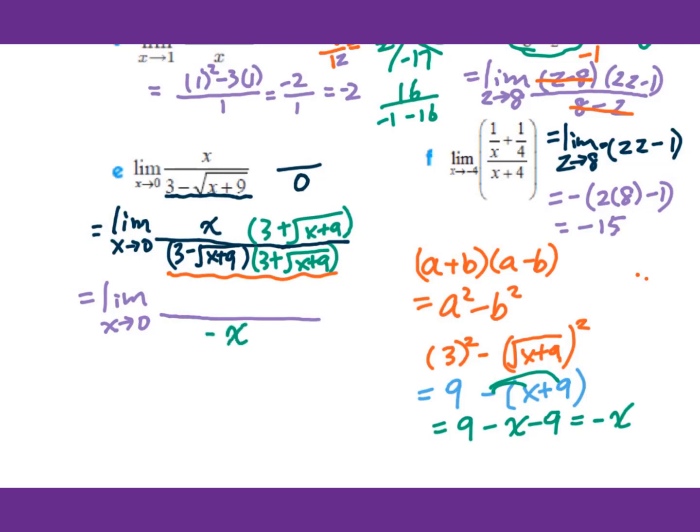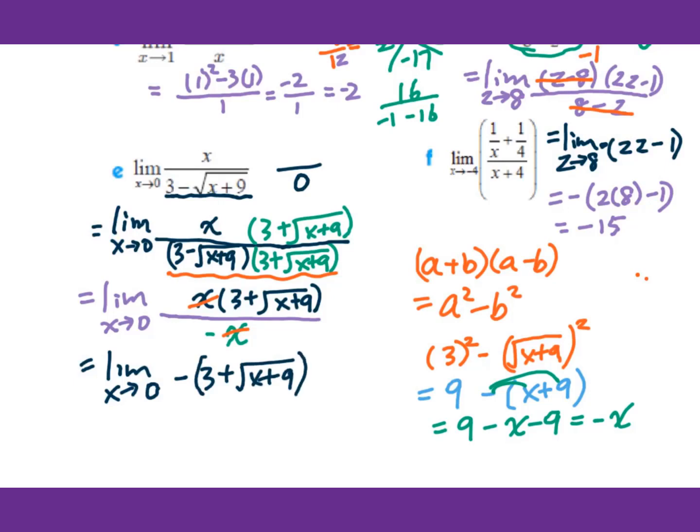So we put the negative x on top, that is x times 3 plus square root of x plus 9. Then reduce. You will get the limit as x approaches 0 of negative 1 over 3 plus square root of x plus 9. This time we just plug in: negative 1 over 3 plus square root of 0 plus 9. You will get negative 1 over 6.